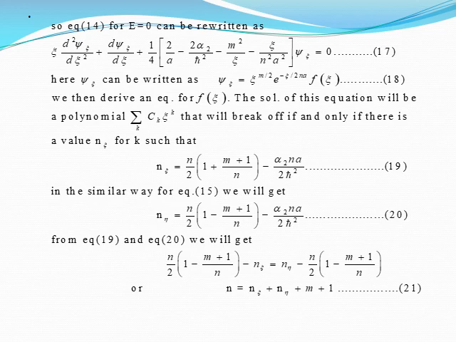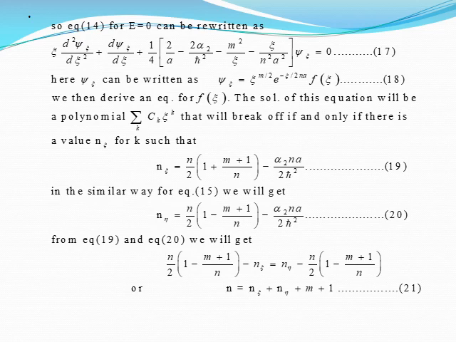The solution of this equation will be a polynomial summation c k xi to the power k that will break off if and only if there is a value n for k such that n xi is equal to n upon 2 bracket start 1 plus m plus 1 upon n bracket closed minus alpha 2 na over 2h cross square.